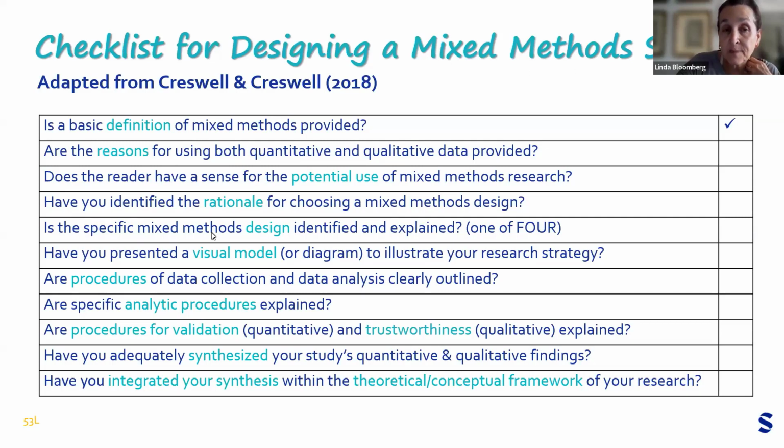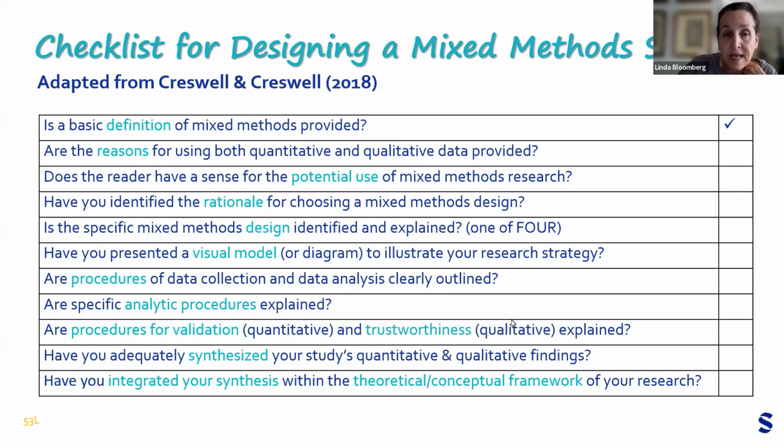Also, is the specific mixed methods design identified and explained? Remember, those are the four that I spoke about: the sequential, the exploratory, the explanatory, etc. And remember, there are actually more than 4. There are 6 because one of them had a qualitative and a quantitative component to them. I think that's 5. Are the procedures of data collection and data analysis clearly outlined?